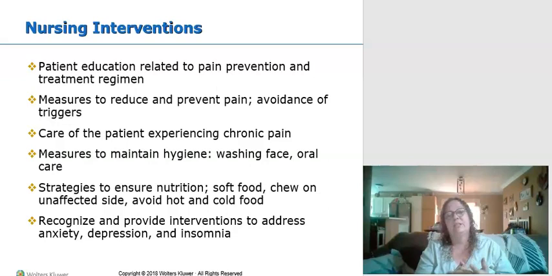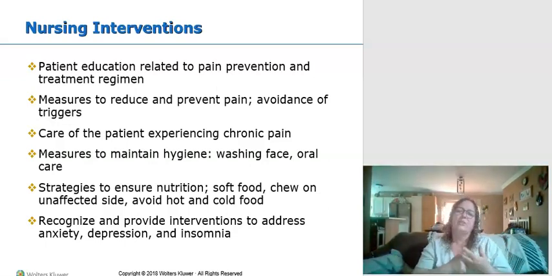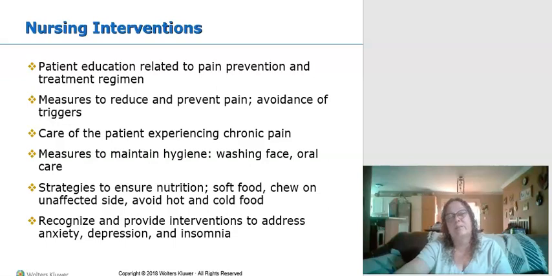Care of the patient experiencing chronic pain: we want to also look for signs and symptoms of depression, and treat those early. We want to take measures to maintain hygiene, find ways to provide good oral care, and still be able to wash the face. And we want to recognize and provide interventions to address stress, depression, anxiety, and insomnia.